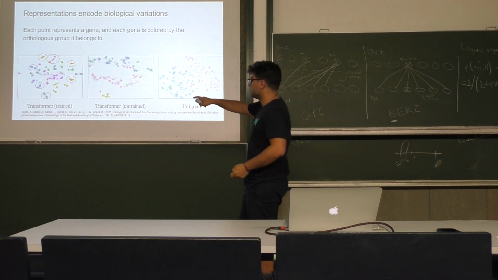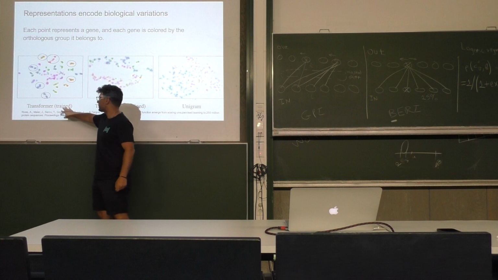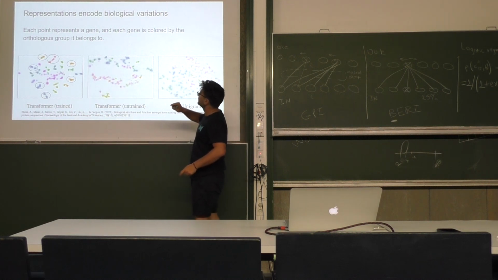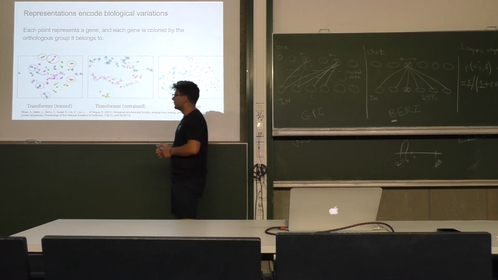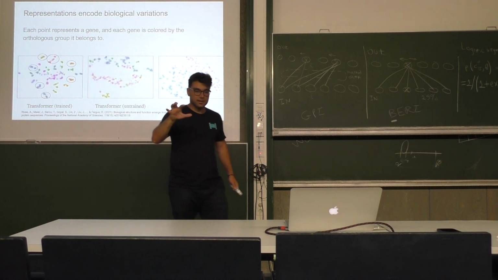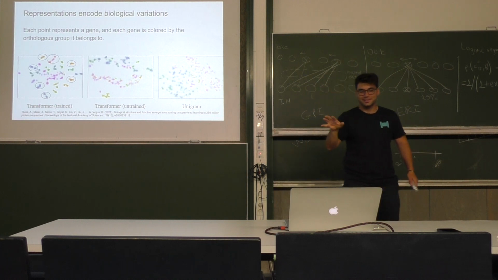So you can already see between an untrained and trained transformer how much the different, I think here we have different genes and different colors correspond to similar groups that are called orthologous groups.